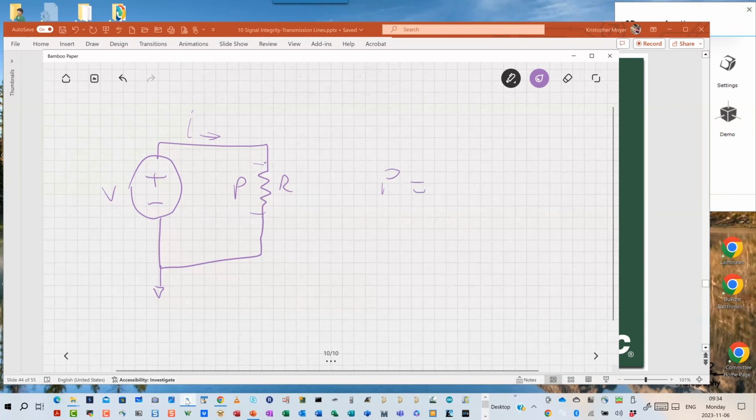P, as we know from course 1, is V times I, right? Now, V is equal to I times R. So V over R is equal to I. Well, V is the V of the source. R is the resistance value, so I can calculate the I. But here's the question, okay? So that's pretty straightforward, and V is simply the voltage source here.